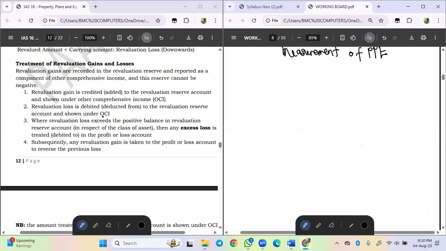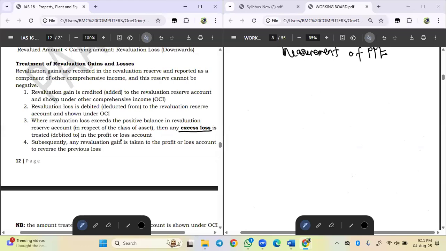Revaluation loss. And here the loss was greater than what? The revaluation gain. What you have to do is that you go to the reserve, whatever is left there for that particular asset, you take it out. If there is any excess loss, then any excess loss is treated or debited to profit and loss account.